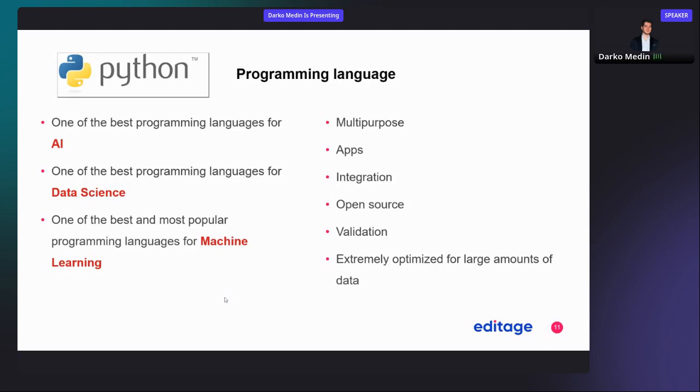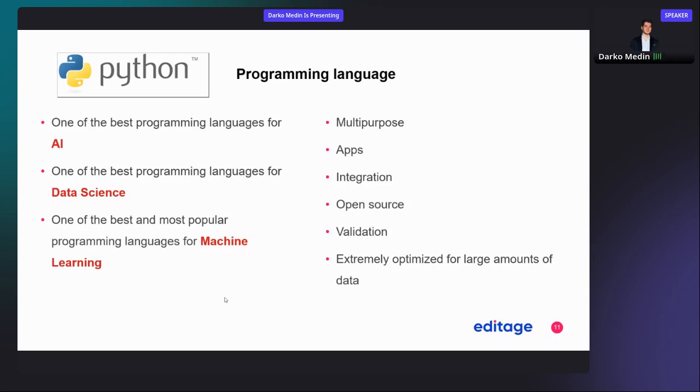AI, data science, and machine learning are all characterized by very often using large amounts of data. And this is really where Python is one of the best languages out there because it's optimized for speed and efficiency with using large amounts of data and creating different algorithms to make these algorithms work better, faster, more efficiently.